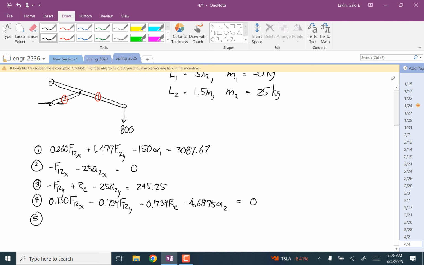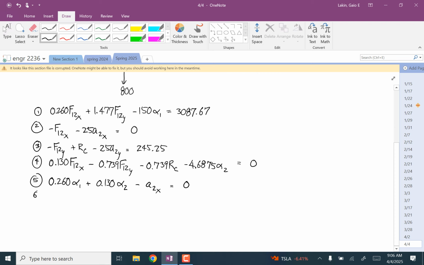Then equation 5, now we're on to the constraints. 0.260 alpha 1 plus 0.130 alpha 2 minus A2x is equal to 0. Equation 6 says 1.477 alpha 1 minus 0.739 alpha 2 minus A2y is equal to 0.